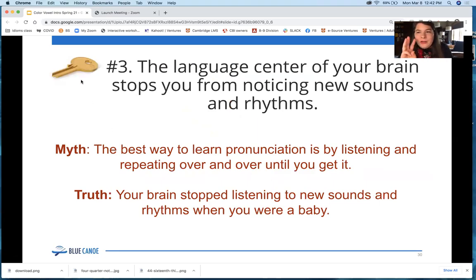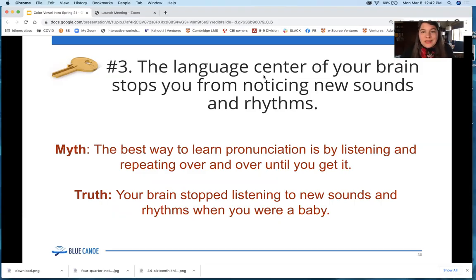Here's the third key, which is more something that you need to understand. The first key was spelling is not pronunciation. We have color vowels. The second was stress. The third thing is for you to understand what you are working with, your brain.